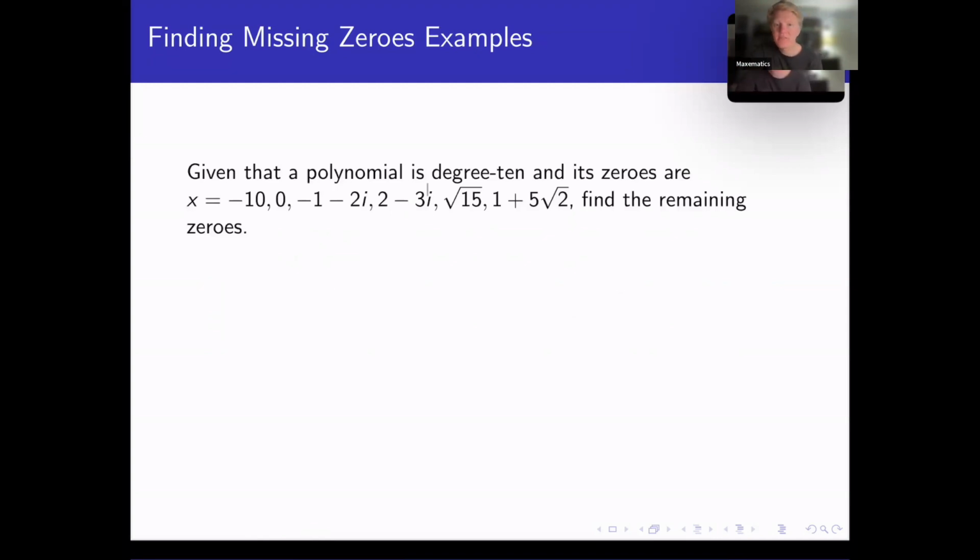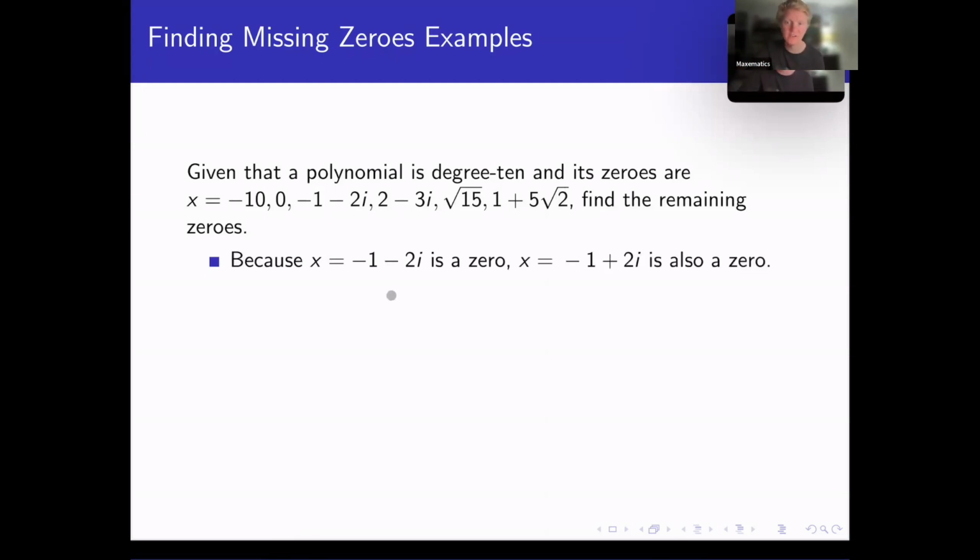Okay, let's say we have a degree 10 polynomial and it has zeros negative 10, 0, negative 1 minus 2i, 2 minus 3i, square root of 15, and 1 plus 5 square root of 2. I gave you 1, 2, 3, 4, 5, and 6. Well, degree 10, I give you 6 zeros. We're missing 4 zeros. Because negative 1 minus 2i is a 0, negative 1 plus 2i is a 0.